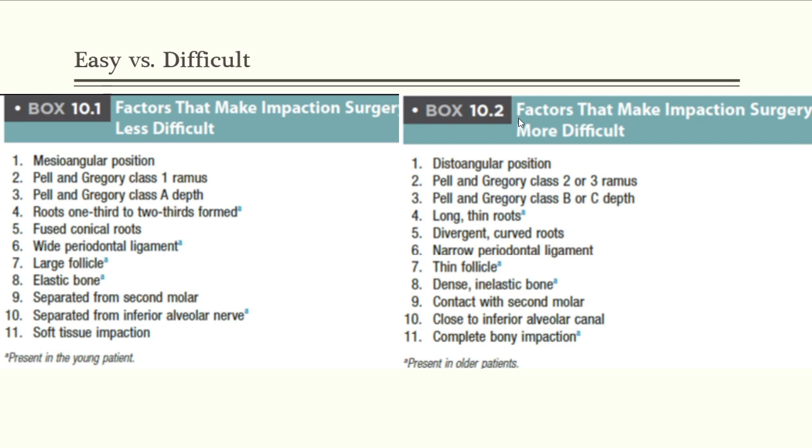Now, fused roots are much easier to extract than long, divergent, thin roots or curved ones.